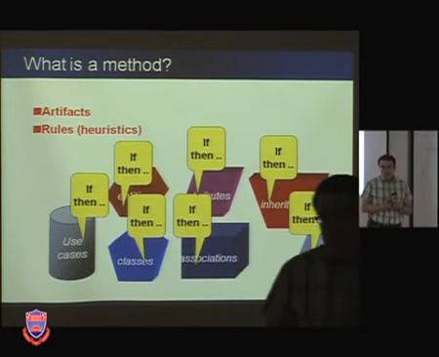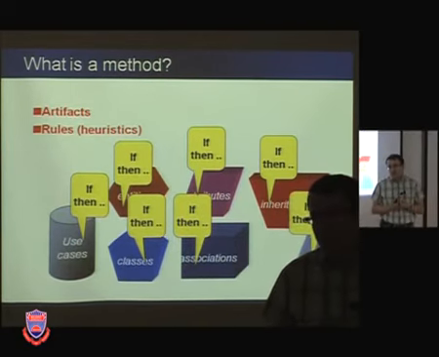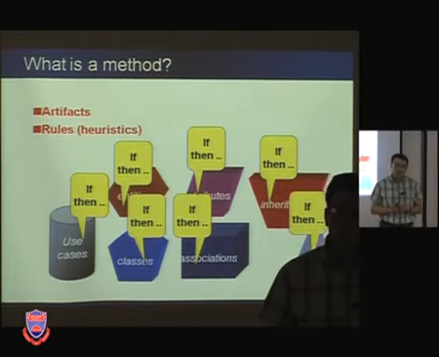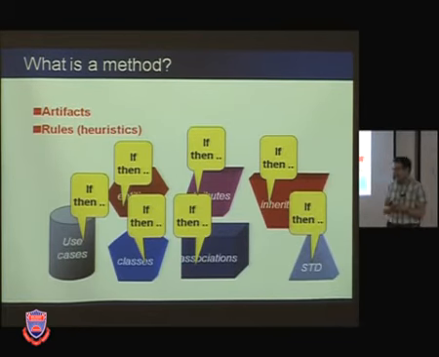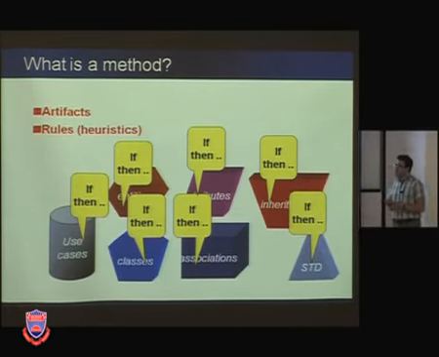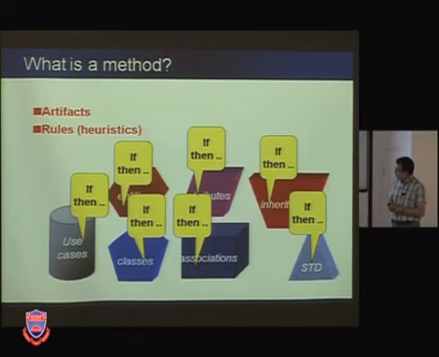If it describes another class, or if it's a property of another domain concept, then it's an attribute. So we have such heuristic rules.